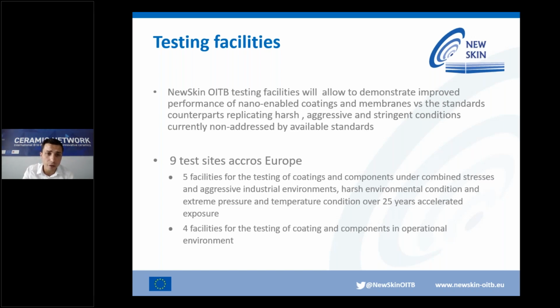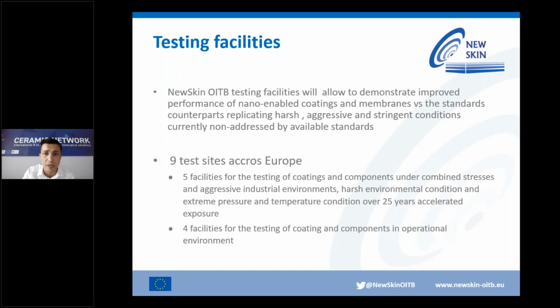In total, we have 9 test sites across Europe, 5 for the testing of coatings and components under combined stresses and aggressive industrial environments, or harsh environmental condition and extreme pressure and temperature condition over 25 years accelerated exposure.